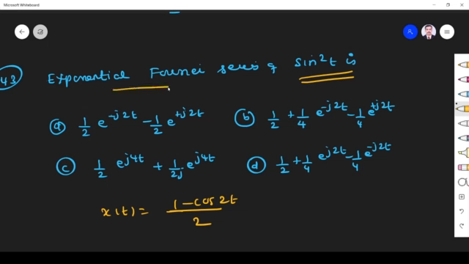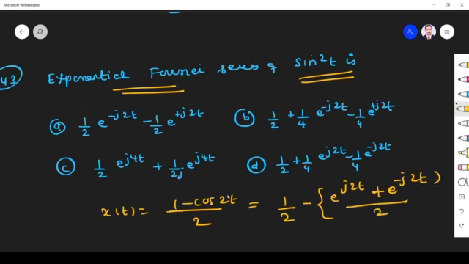So they ask for the exponential Fourier series. So I have to write this periodic signal in terms of e power j. So I can write cos 2t as e power j 2t plus e power minus j 2t divided by 2. This was cos 2t. So 1 by 2, this is cos 2t. This 2 is there, so I put 1 by 2 here.